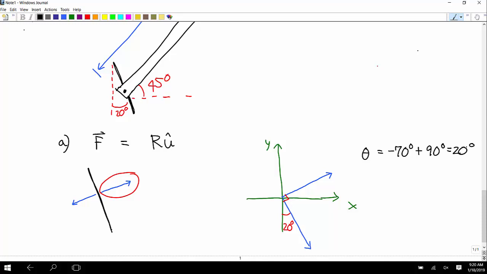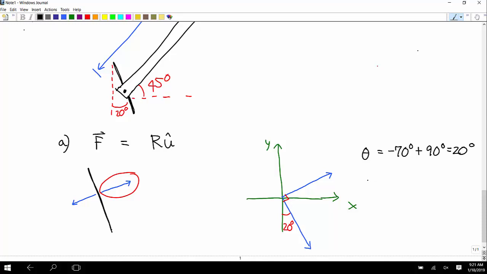If you would have gone 290 to start, go all the way around, you're at positive 290. So another 90, you're at 380. And that's a big angle, but cosine and sine come out the same. You get the same unit vector.